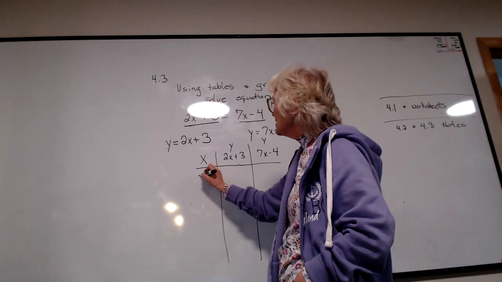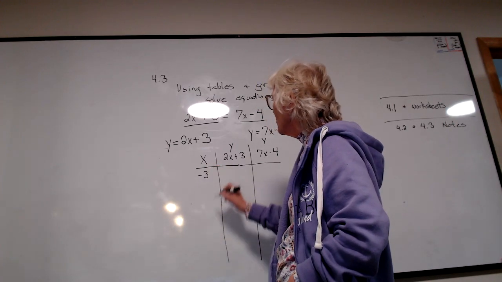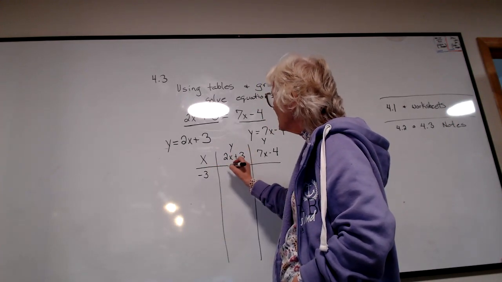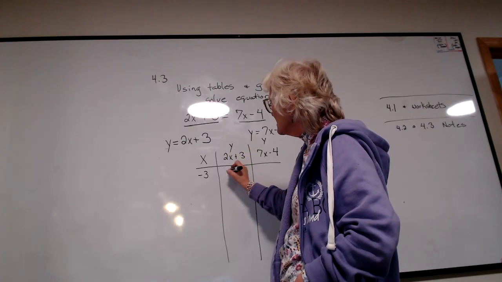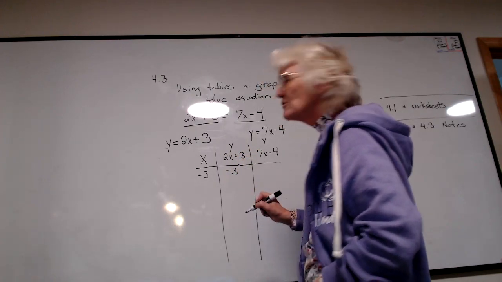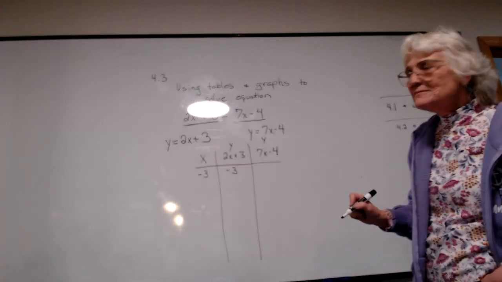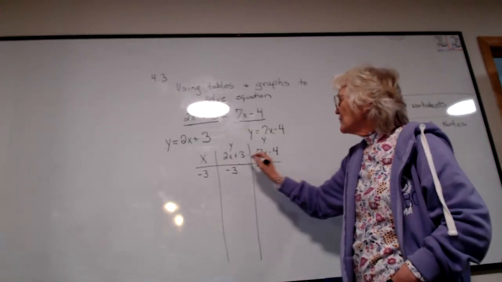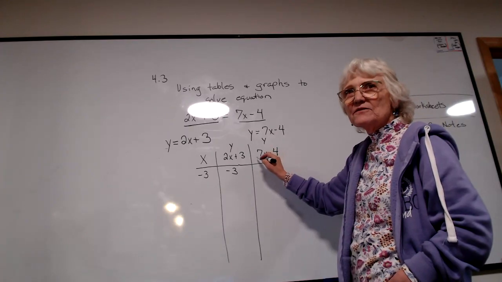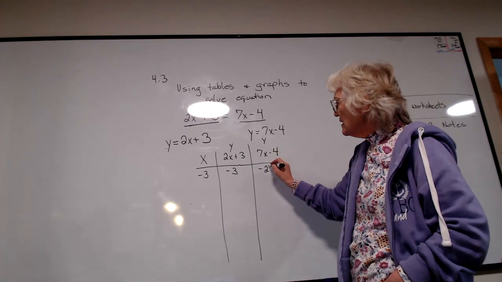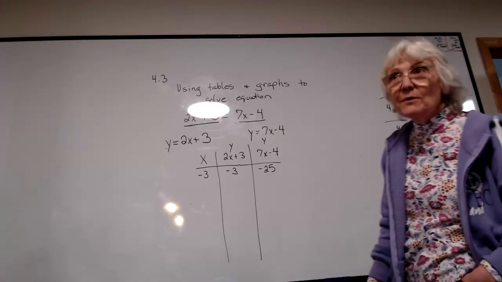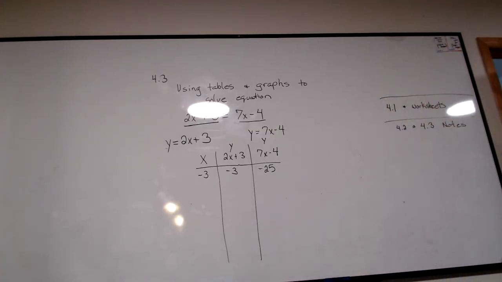So let's put in negative 3 just to see what we get. 2 times negative 3 is negative 6, plus 3 is negative 3. Does everybody agree with me there? Negative 3 times 7 is negative 21, minus 4 is negative 25. Whoa, they are way apart at this point, okay?